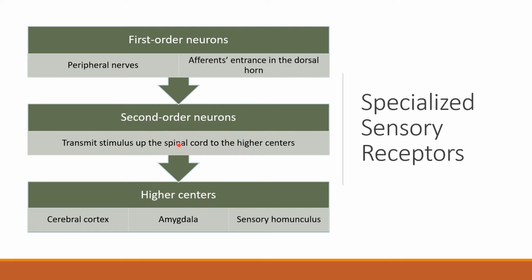Second order neurons are going to be transmission neurons. Sometimes we'll see them abbreviated as T cells in some of the older models, but those are secondary order neurons. And then third order neurons or higher center neurons occur now up within the brain and focus on the perception of pain as opposed to transmission.